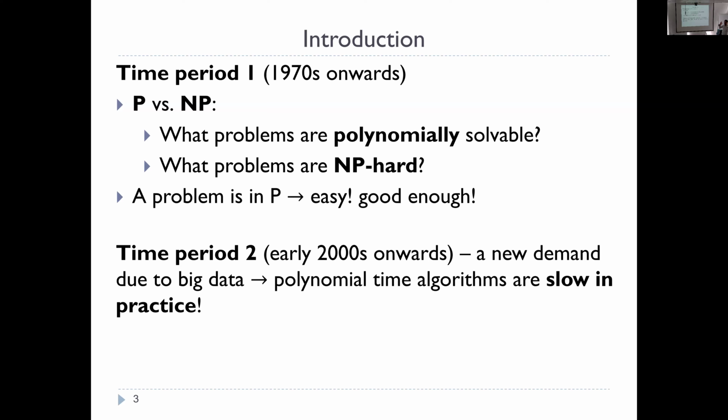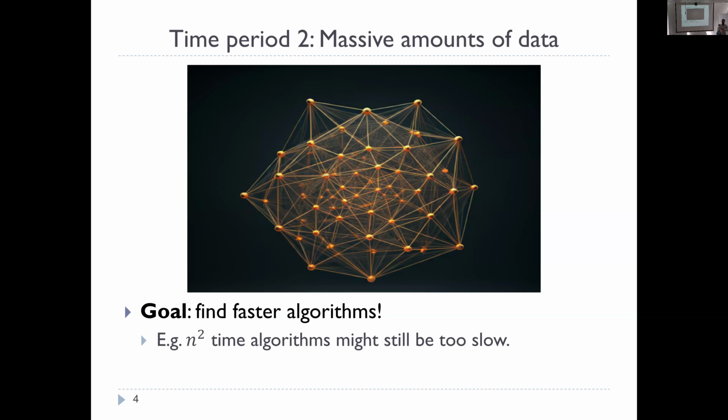So algorithms with polynomial time might be slow in practice. Okay, so what do we do? We go over those many problems in P, and we try to find faster algorithms.